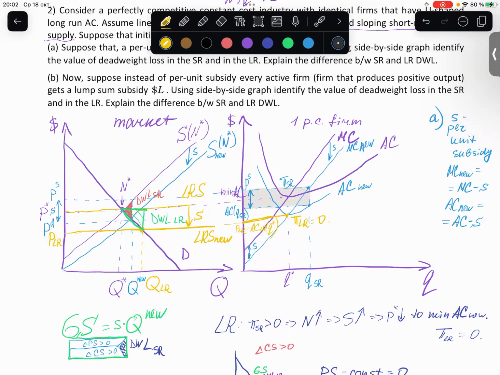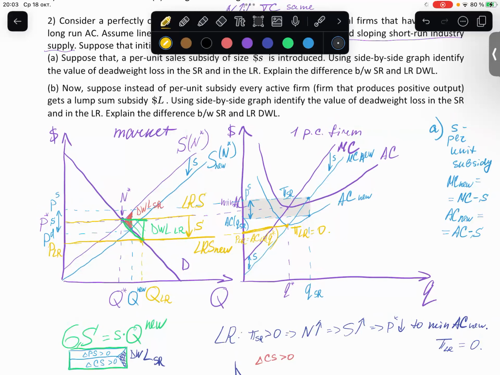Now suppose instead of a per unit subsidy, every active firm that produces positive output gets a lump sum subsidy L. So now I should identify the value of the deadweight loss and so on. Okay. Let's draw the initial situation and then give the lump sum subsidy.